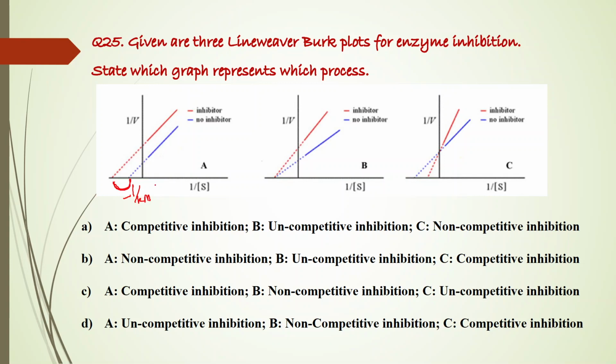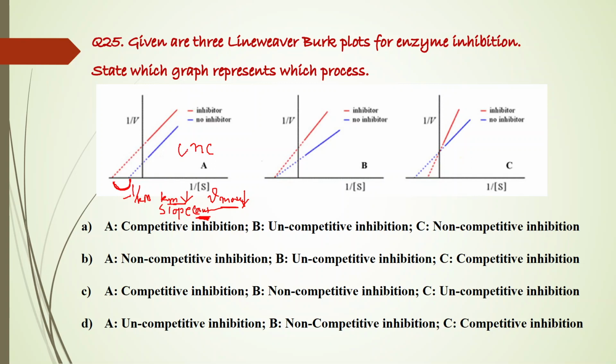So the Km value has decreased but the slope is constant. That means Vmax has also decreased.